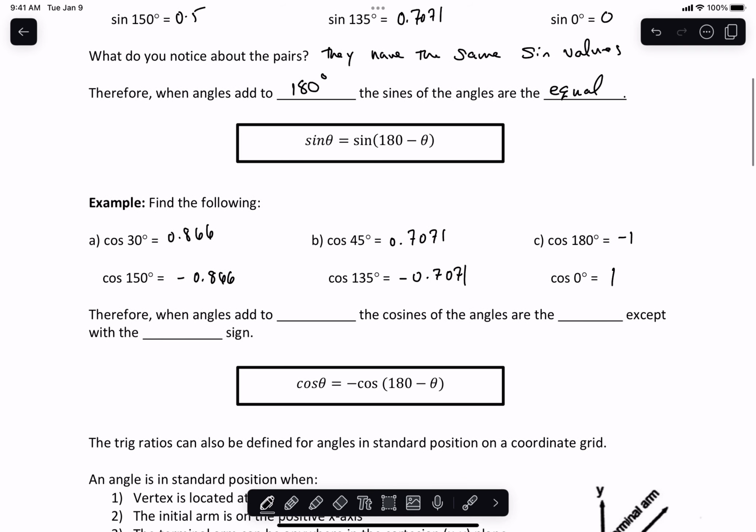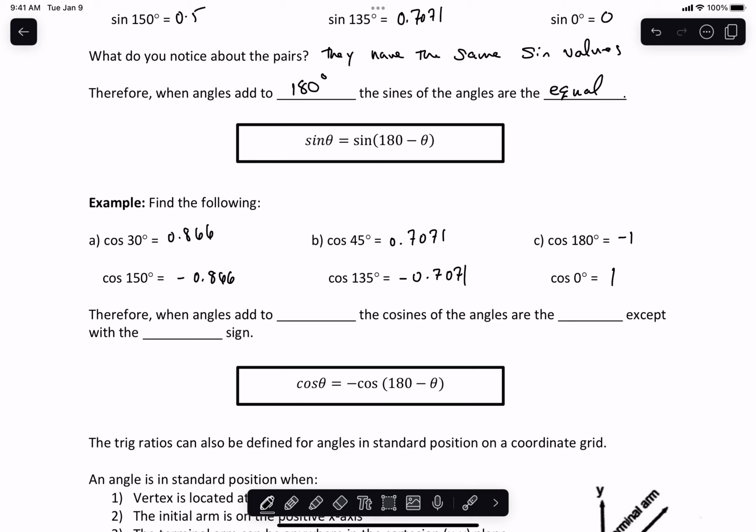We shouldn't see any trig ratios that come out larger than 1 or smaller than negative 1. That gets at what the graph actually looks like, which is what we're building towards. That'll come in the next few days. What we're doing today is experiencing some patterns that are happening with these trig ratios.